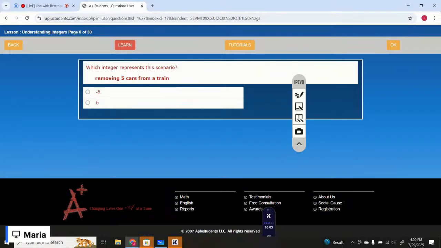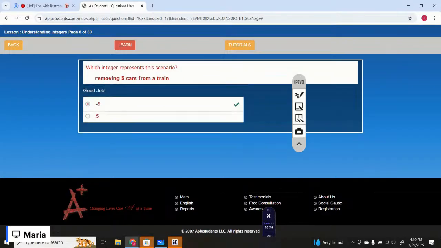Which integer represents the scenario? Removing 5 cars from a train. Option number 1 is the correct option, negative 5.